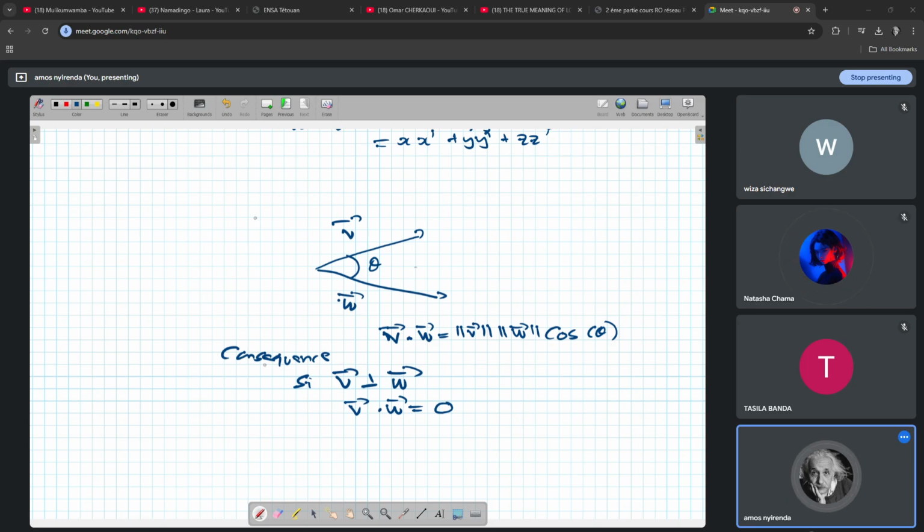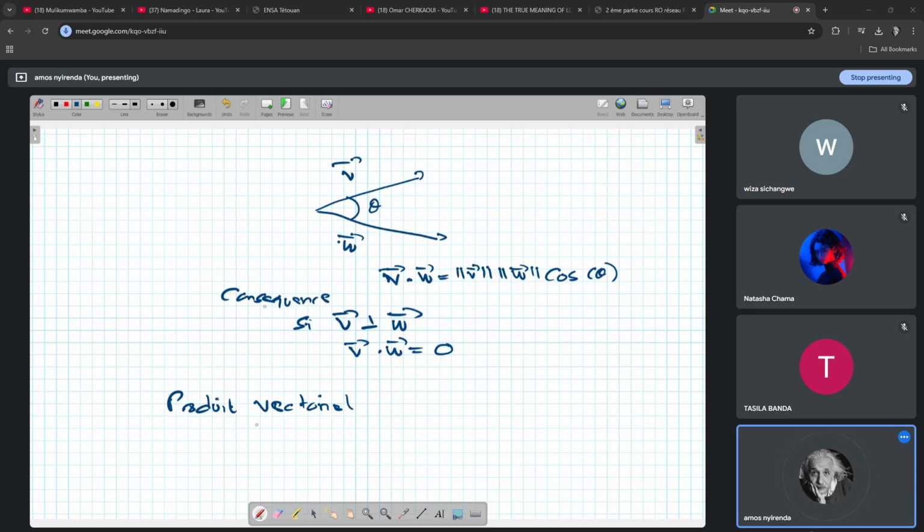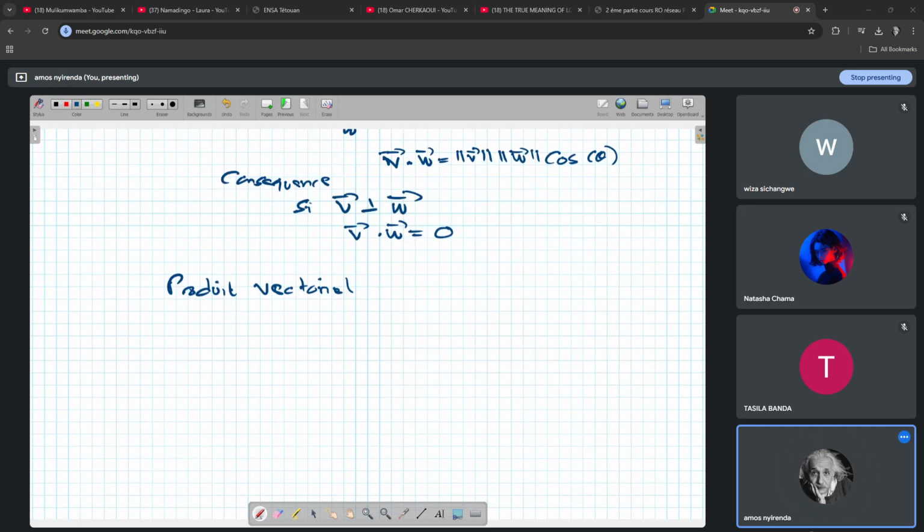Yes. Right. So let me just move to produit vectoriel. Unlike the scalar product, the result of taking a produit vectoriel is going to be a vector. This is going to be operation number 4.